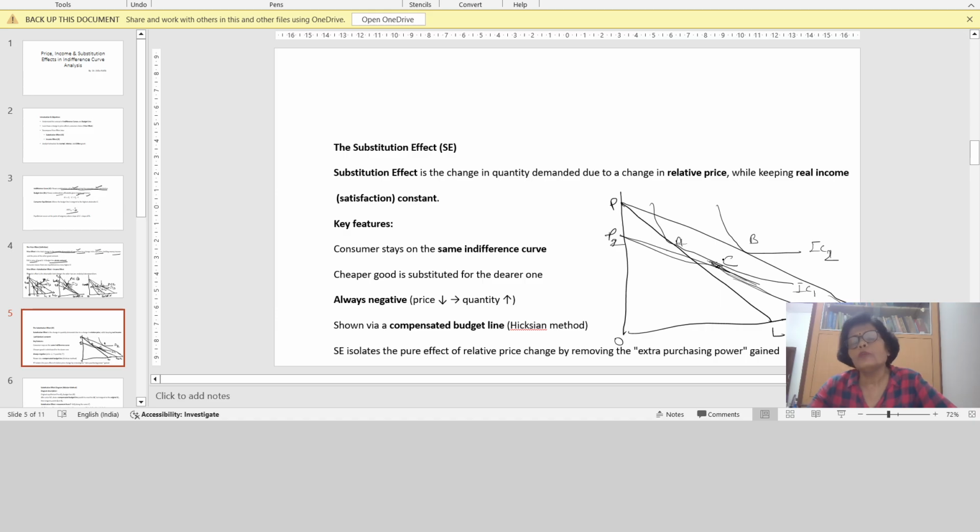The consumer will move from A to C, and this movement from A to C is known as substitution effect. From A to B is known as price effect. Now from C to B, this is income effect.